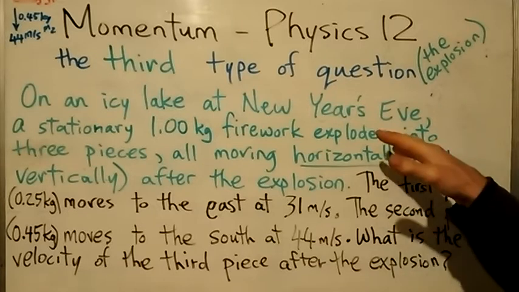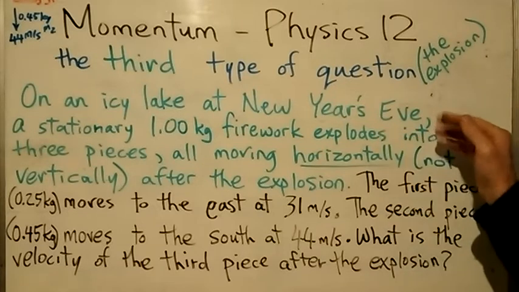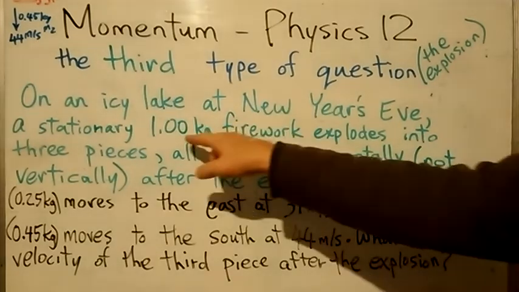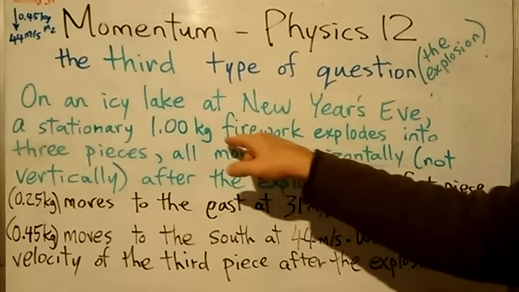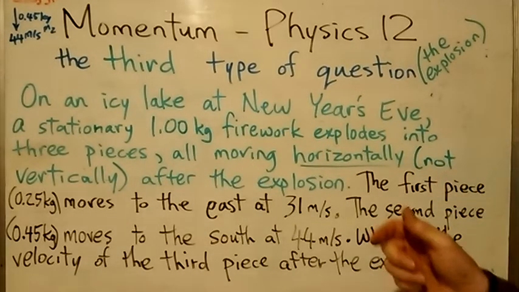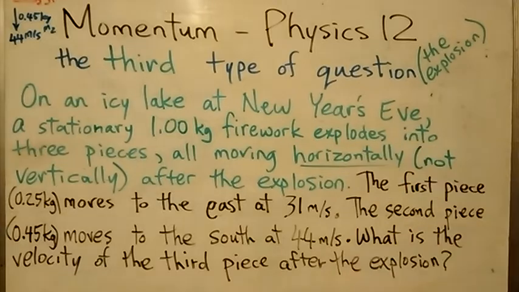And here is the question. On an icy lake at New Year's Eve, so you're thinking no friction, horizontal surface, a stationary 1.00 kilogram firework explodes into three pieces, all moving horizontally. So they didn't move up or down, they just moved horizontally across the lake.